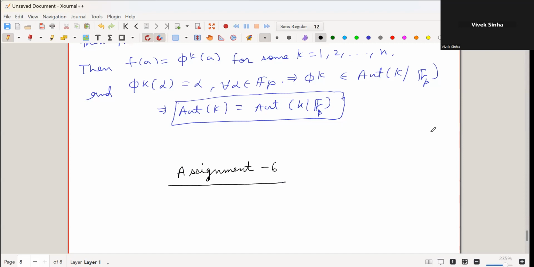Whatever we require in between, I will revise, because unnecessarily revising the entire lecture will take a lot of time, and then we won't be able to solve so many problems. Okay, let me just copy paste the first question.